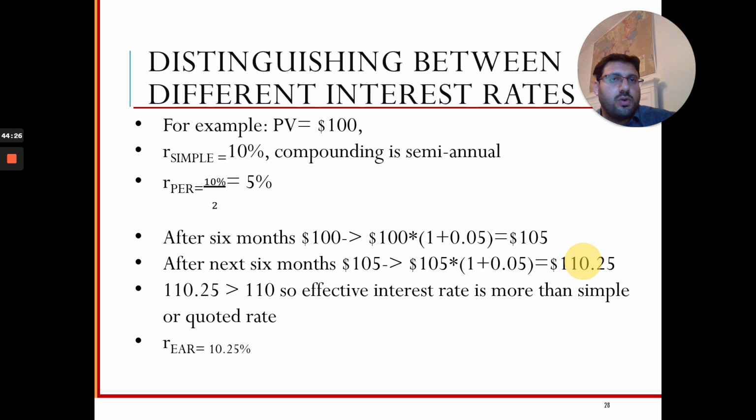So if you have different investment alternatives which are giving you interest with different frequency, one might be giving you interest with semi-annual compounding, another with, say, monthly compounding, the only way to compare those two or three alternatives is to find their EARs, the effective annual interest rate.